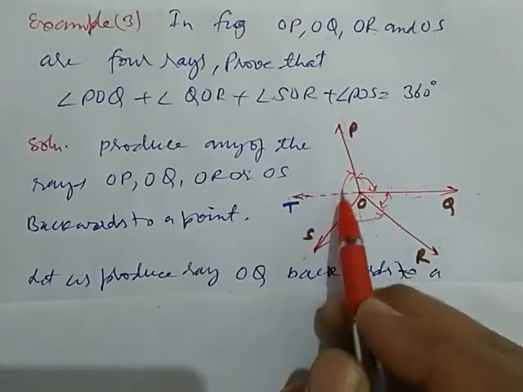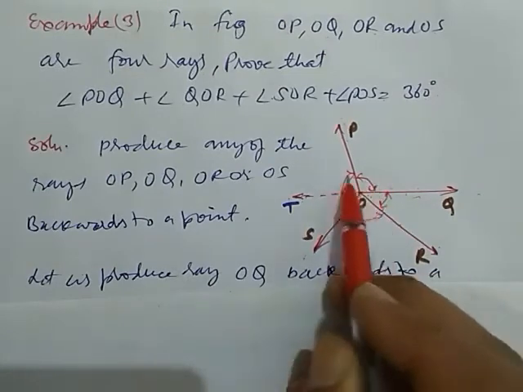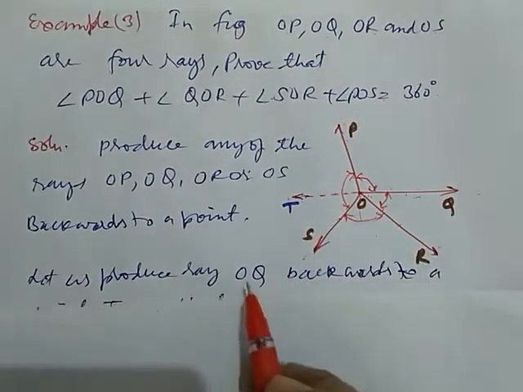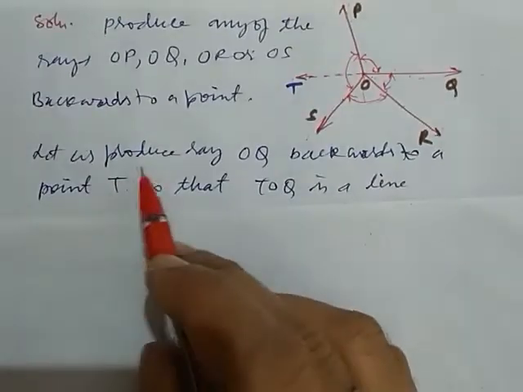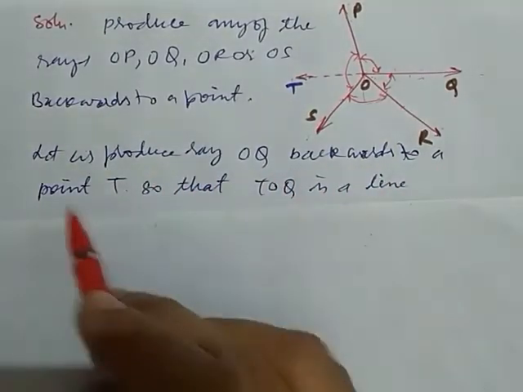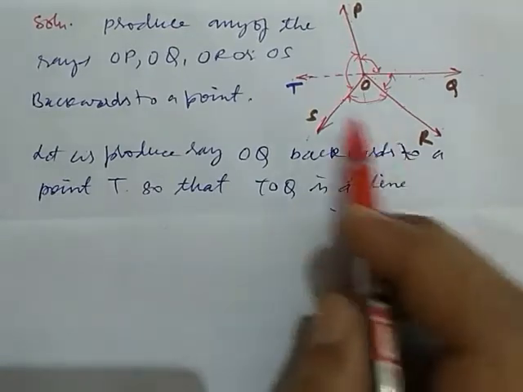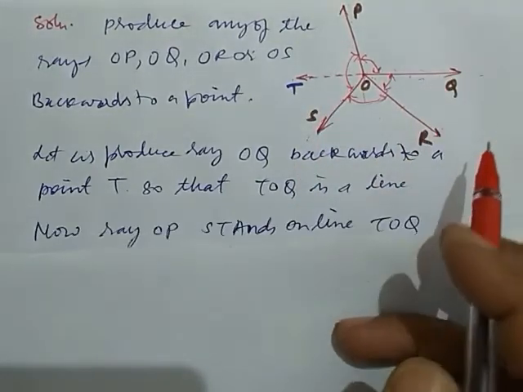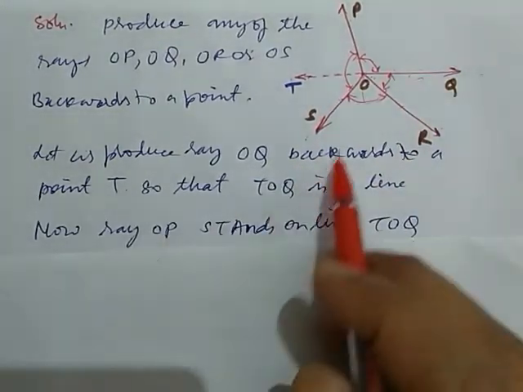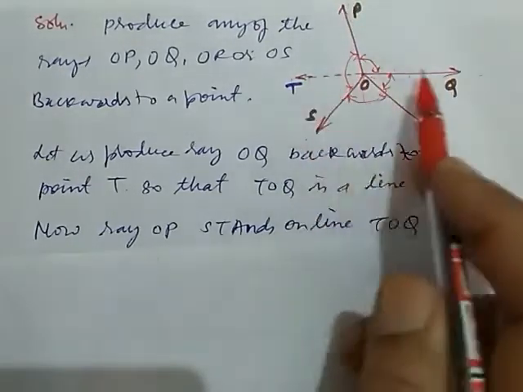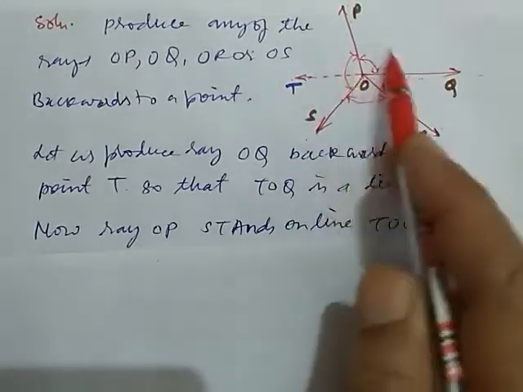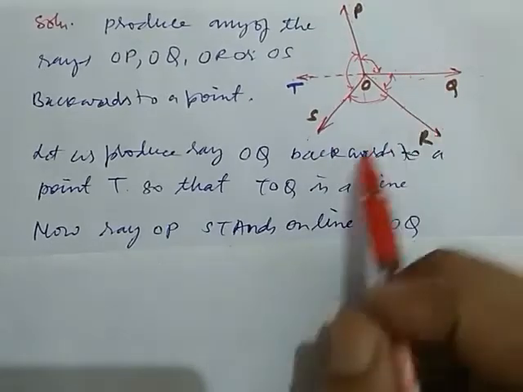This TOQ makes a straight line, and the angle on one side of the straight line is 180. Let us produce ray OQ backward to a point T so that TOQ is a line. Now ray OP stands on this line TOQ, so the sum of these two angles is 180.